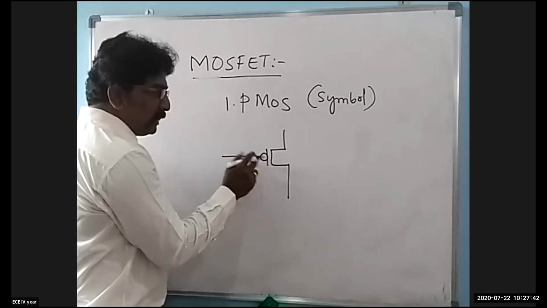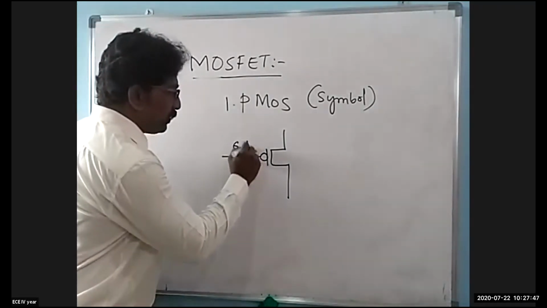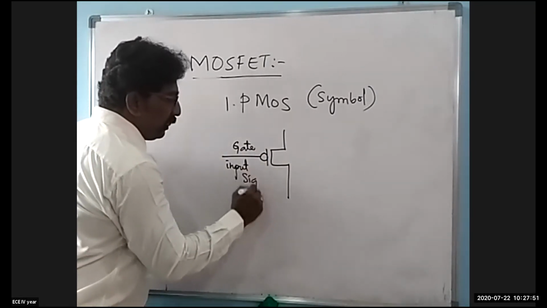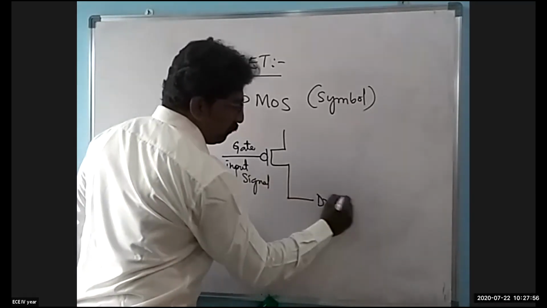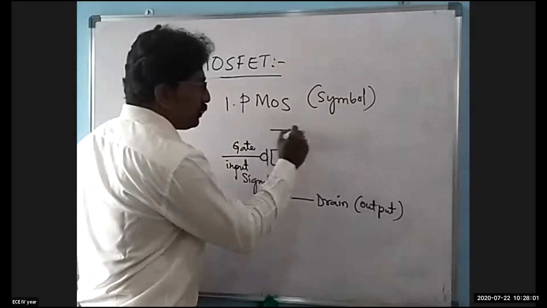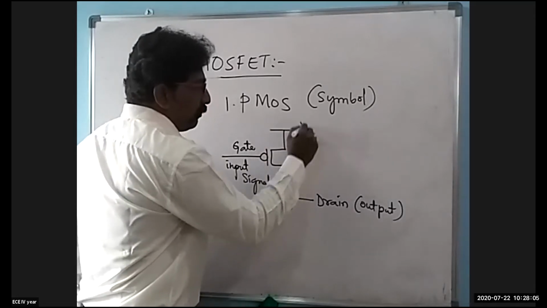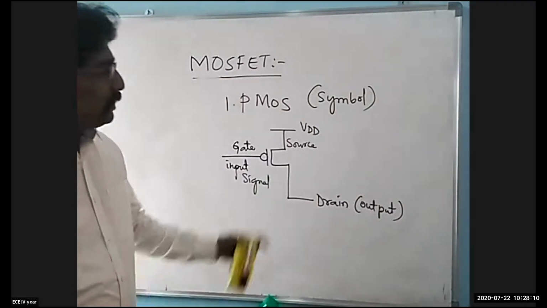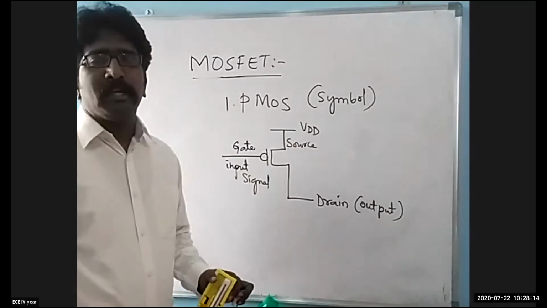If this bubble is there, it is called a pMOS structure. This is the gate terminal, and at the gate terminal, an input signal is always fed. This is your drain terminal, where your output is obtained, and this is your source terminal, which is connected to the higher voltage, the supply voltage VDD. In a pMOS the source is always connected to VDD, whereas the source of an nMOS will be connected to the ground terminal.